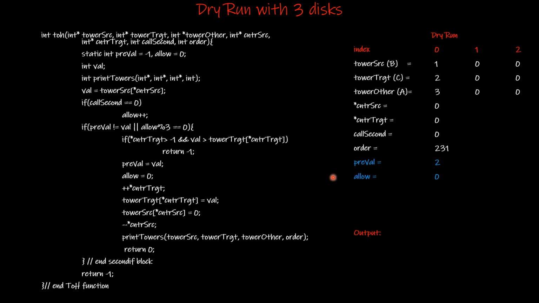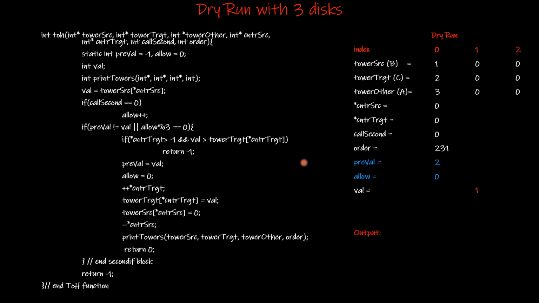Allow was set to 0, and then we have val variable created, print tower function declare, and then val is assigned the value of tower source with index as counter source. This is our source tower. The counter source value is 0, so basically we are going to take this particular value. So val has value 1.